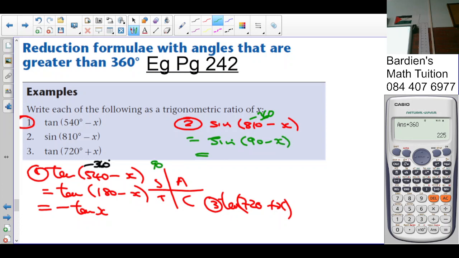First quadrant. Is sine positive or negative? Positive. So it is going to be cos x. Why? Co-ratio, not so? Any confusion? No?